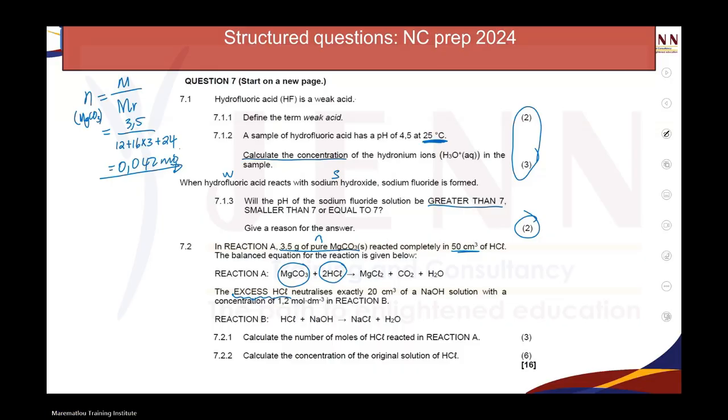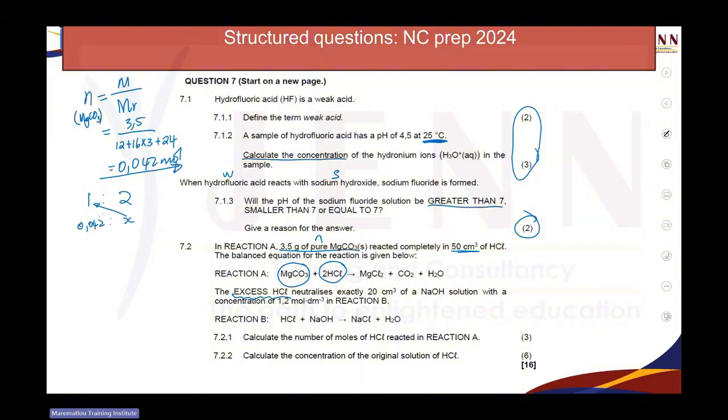When I press my calculator, the answer is 0,042 moles. Okay, so from there, we just use molar ratio. That is 1:2. For one, that is 0,042, is to unknown.